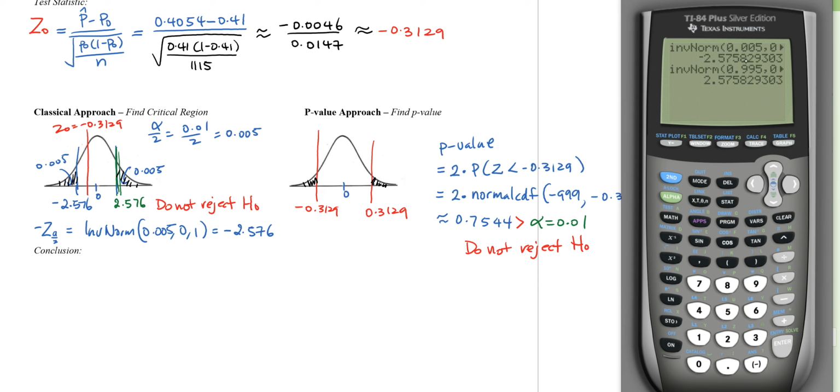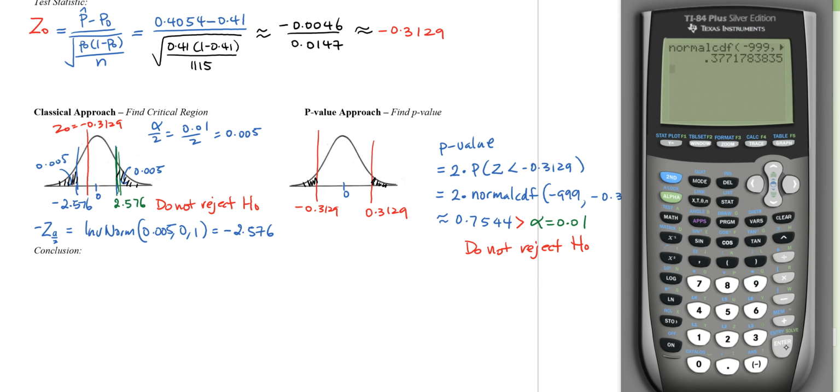Now to find the p-value, all right, let me clear that. P-value is second vars. We're going to look for normal CDF, which is number 2. Now, I'm going to look for the area in the lower tail. The lower tail is negative infinity, represented by negative 999. And upper bound is negative 0.3129, and I mean the standard deviation of 1 for z here.